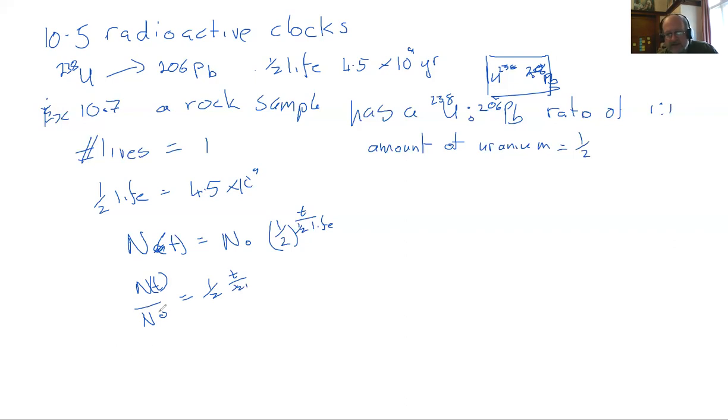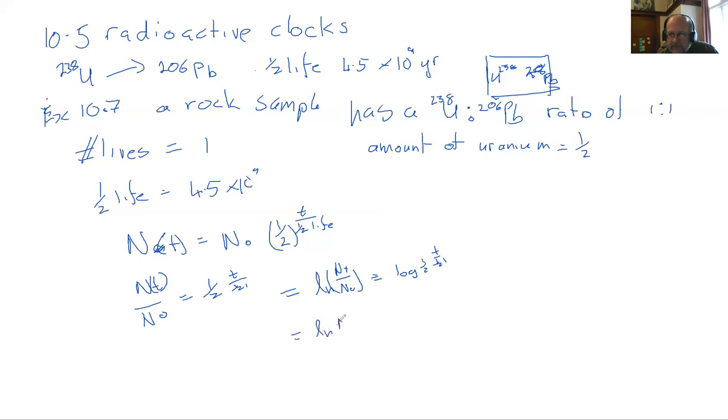Then you take the log of both sides. And it's a power, so we can actually pull that out.